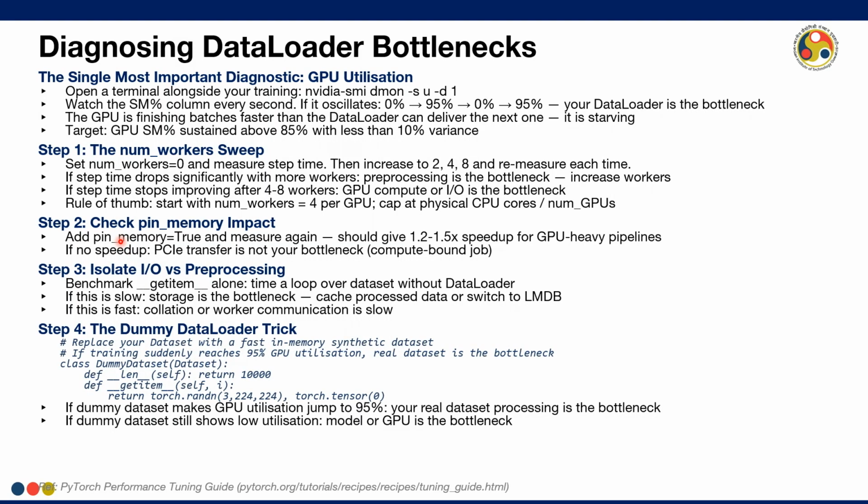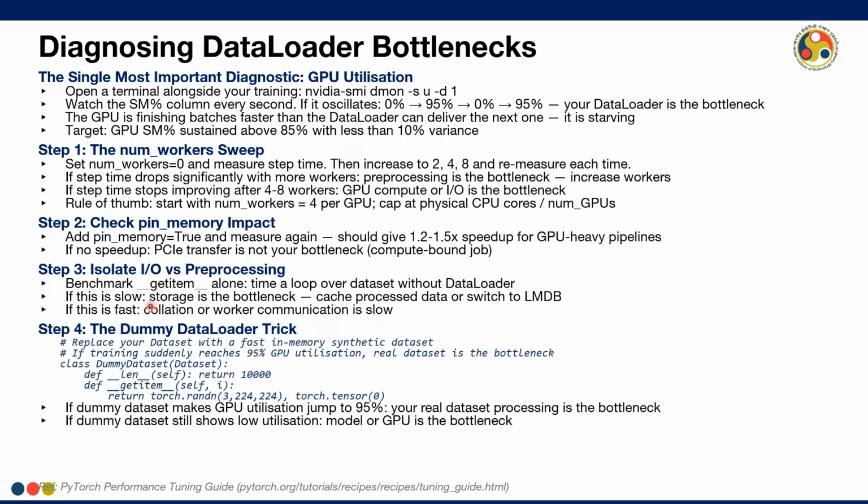Based on that, pin memory will give at least 1.2 to 1.5 times speedup, because the pageable memory will be pinned and no longer paged out. So your DMA can just start on the memory directly, DMA transfer.